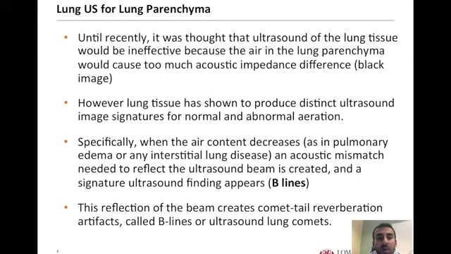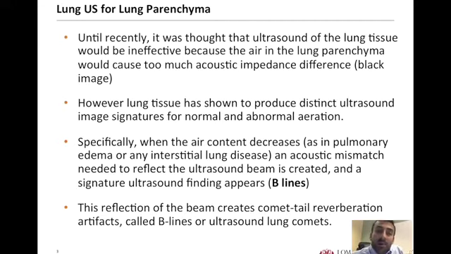When the lung tissue is no longer uniform in its aeration, that produces distinct artifacts, or distinct ultrasound signatures, that allow us to identify pathology. And the frequency of these signatures allows us to quantify the degree of one's airspace disease. Fundamentally, what we're looking at is whether the air content is uniform or not in the lung parenchyma.